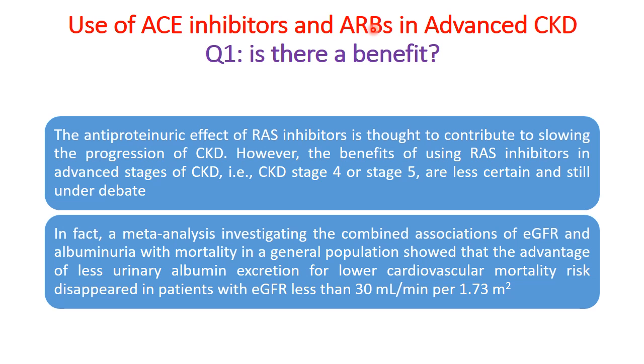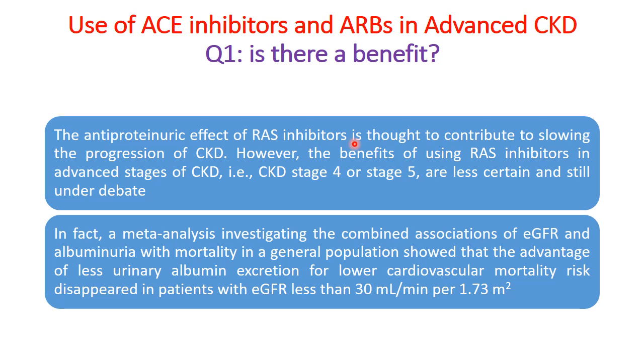What about the use of ACE inhibitors and ARBs in advanced CKD patients? Advanced CKD is defined as CKD stage 4 or CKD stage 5. We have two questions here. The first one is: is there a benefit from the use of ACE inhibitors and ARBs in advanced CKD?